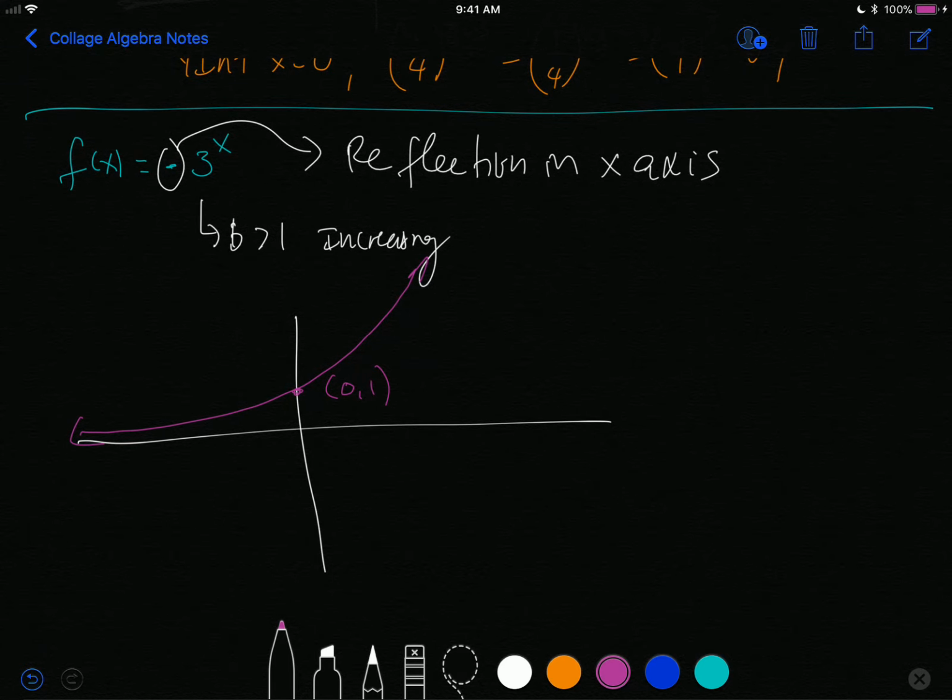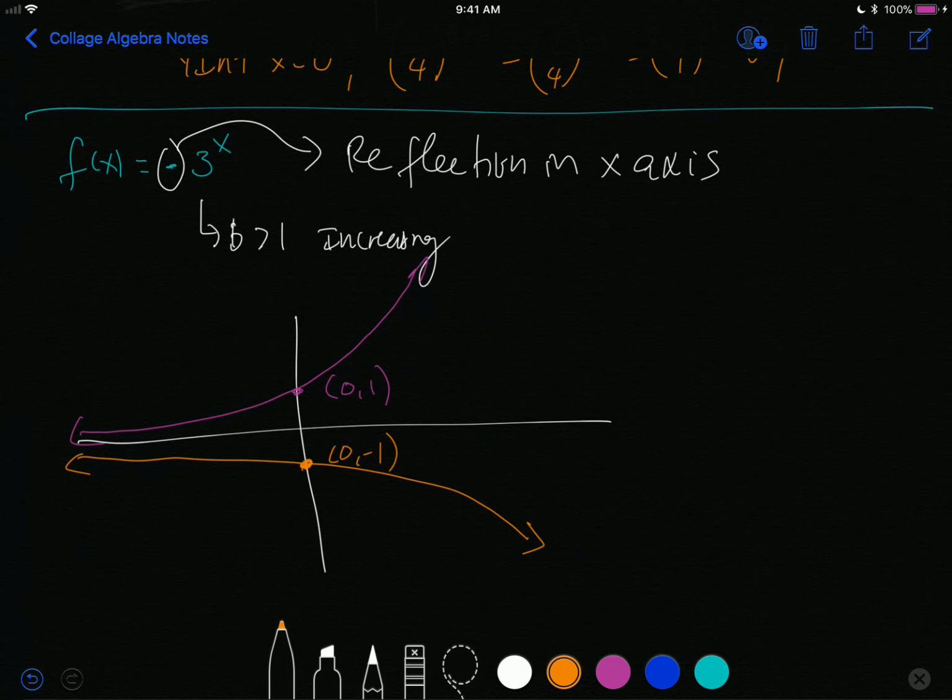Now if I reflect this over the x-axis, I will get a graph that is upside down, and it will look like this. This point down here clearly is (0, negative 1). So, what are my properties?